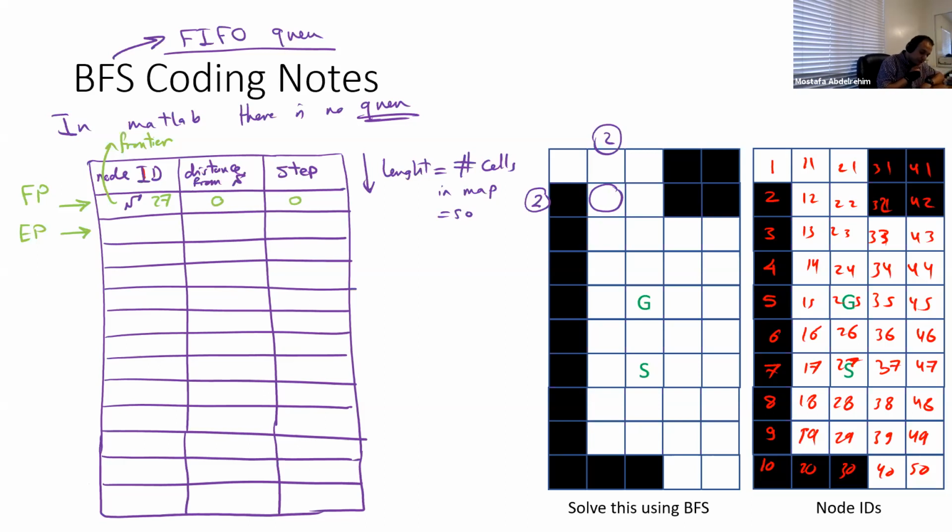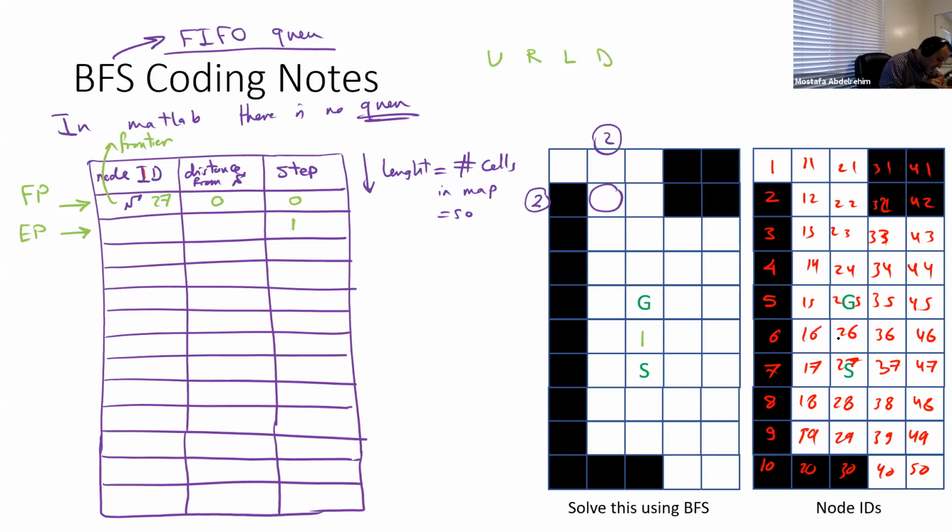Okay. Now, from the start, we go up, right, left, and down. So let's do that. So in here, this is 1, and for each cell you explore, add it to the array. So this cell here is now 1. Remember, this is step number 1.